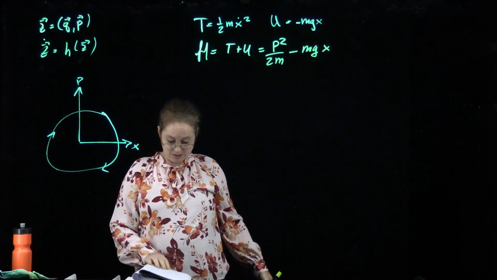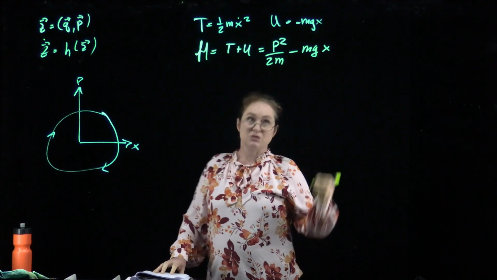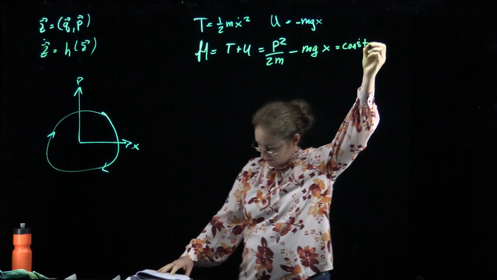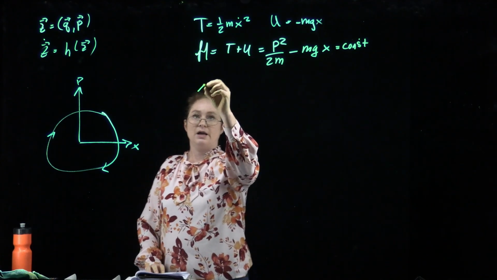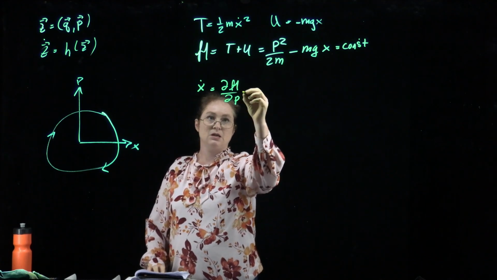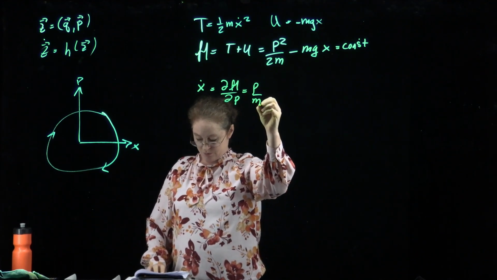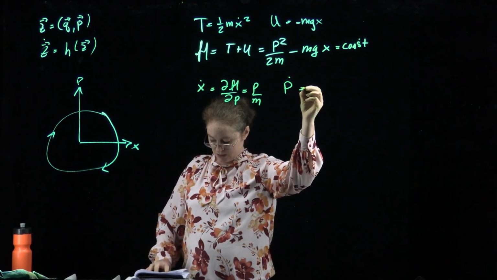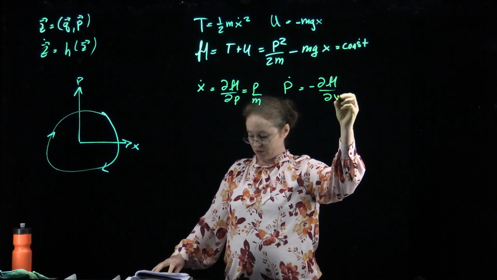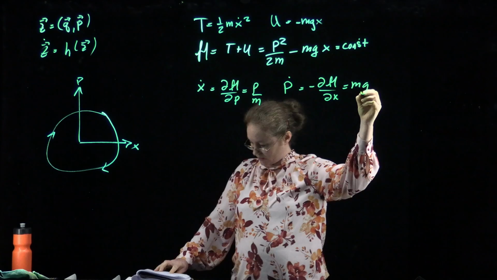And this will, of course, be a constant because we have no explicit time dependence. Our x dot is partial H, partial p, which is p over m.